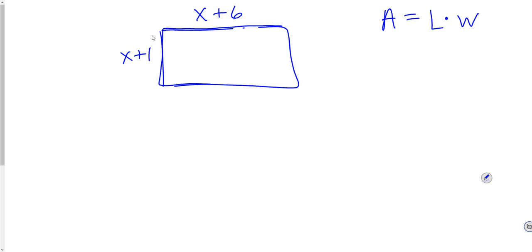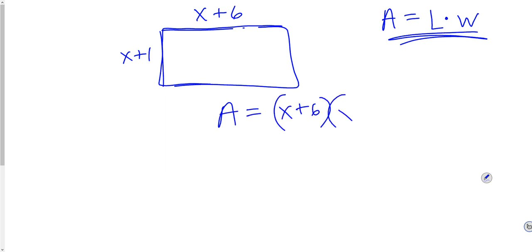Well, this rule doesn't change. If you want to find the area of any box, you take the two sides and you just times them together. So the area for this would equal x plus 6 multiplied by x plus 1. Now, if it says simplify, you have to FOIL it. But if it just says write an expression, this would be your answer. That's all you have to do.